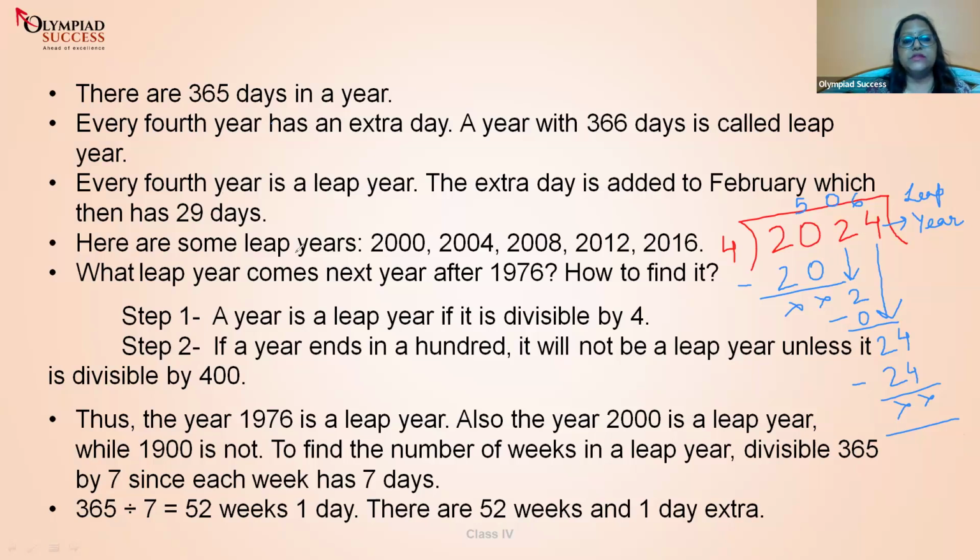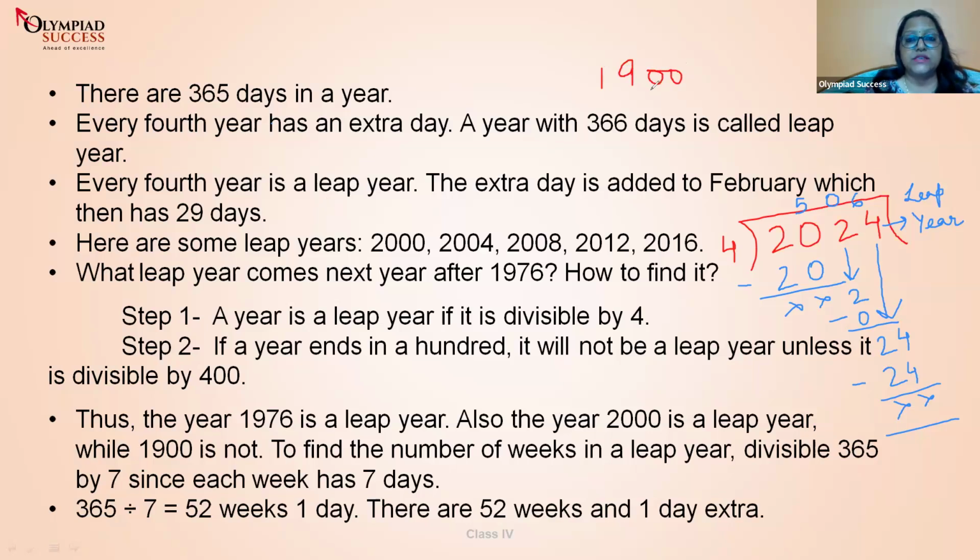But when you get century years, what do we mean by century years? Century years are years ending with 2 zeros. For example, 1900 is a year ending with 2 zeros. Correct?